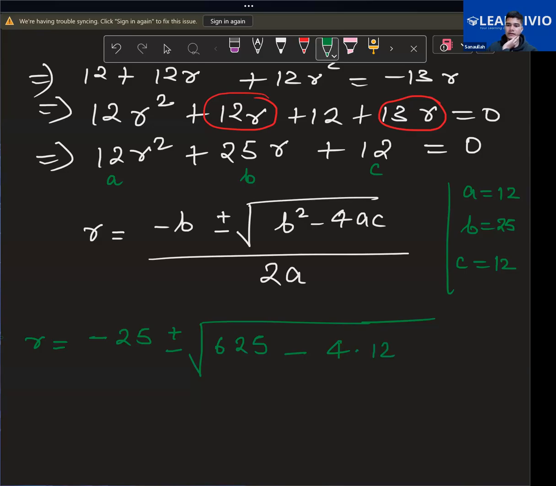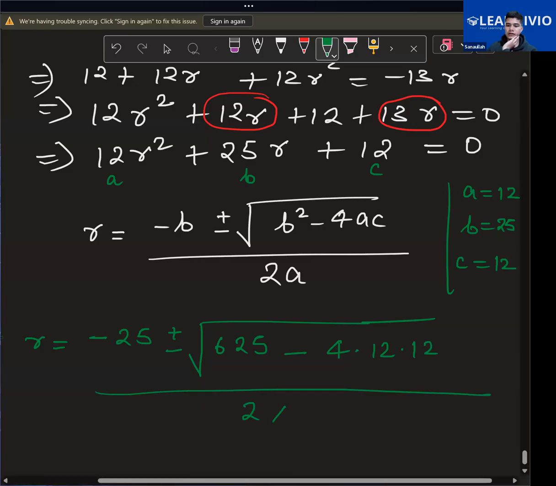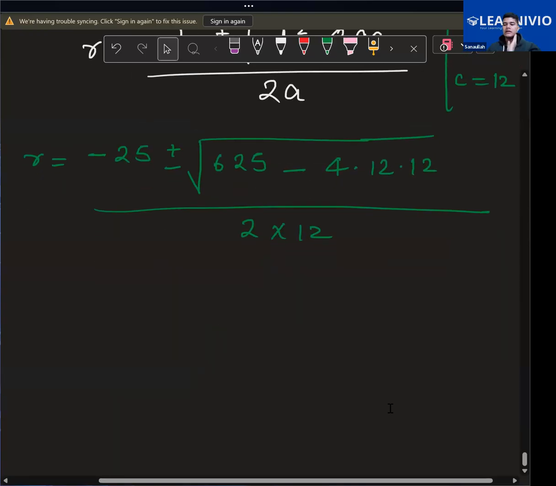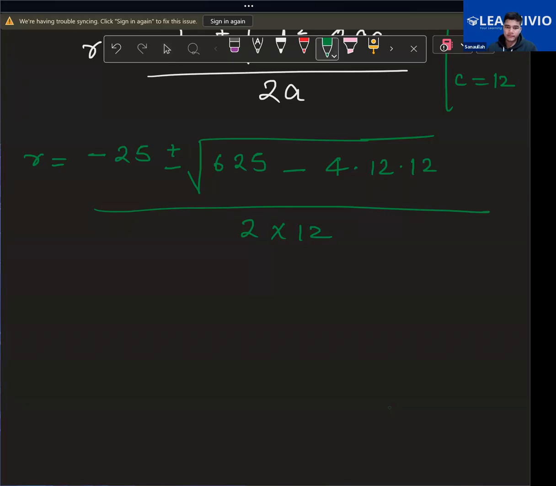A is 12, and c is also 12, over 2 into 12. Okay, so when I solve this, 12 times 12 is 144. 144 times 4 is 576. So 625 minus 576 is 49.